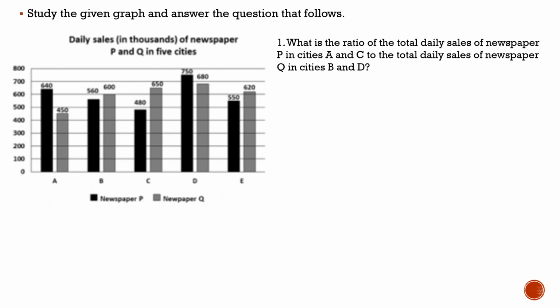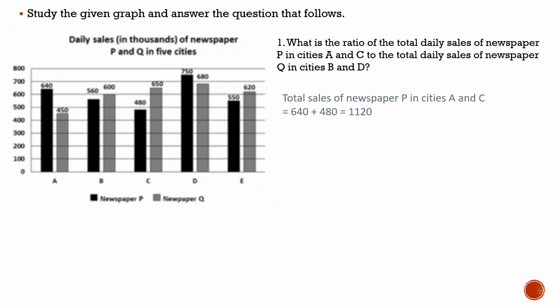What is the ratio of the total daily sales of newspaper P in city A and C to the total daily sales of newspaper Q in city B and D? So newspaper P in city A is 640, in city C is 480. So total will be 640 plus 480, 1120.